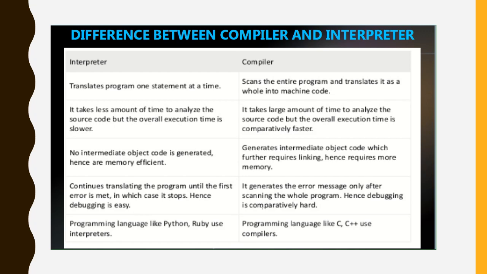But in a compiler, it generates the error message only after scanning the whole program. After the whole program is processed, only then do we get the error message. But we could not identify where we have to change our code or where we received the error. It is very difficult to find out, but in an interpreter we get our error easily, and since we get the error easily, we can cure our errors.